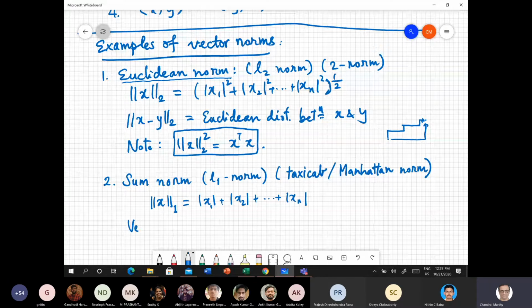That means it must satisfy those 4 properties that we discussed just now. And another property is that it is not derived from an inner product.